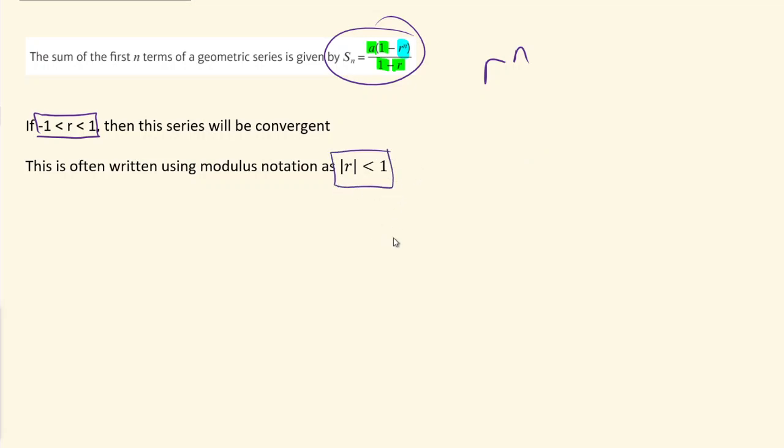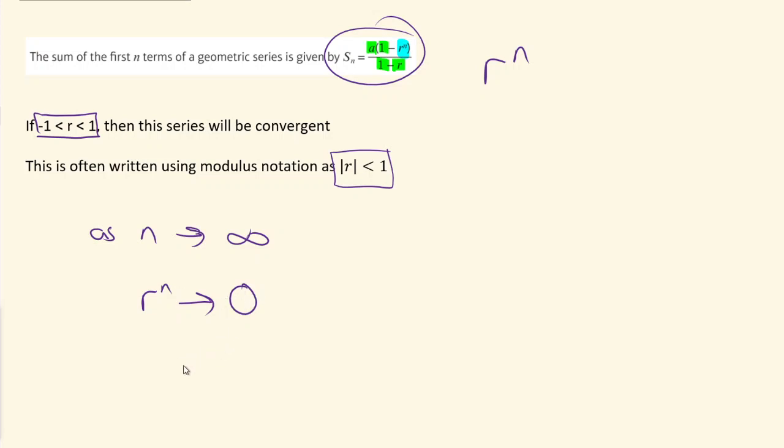So we say as long as the size of r is less than 1, this sequence will converge. It will be convergent because this term will gradually get smaller instead of bigger. In particular, as n heads towards being infinitely large, r to the power of n is heading towards being 0, because as the power gets bigger, the value gets nearer and nearer to 0.